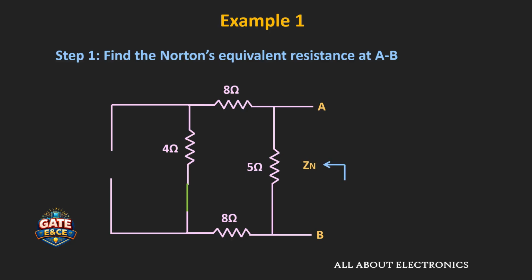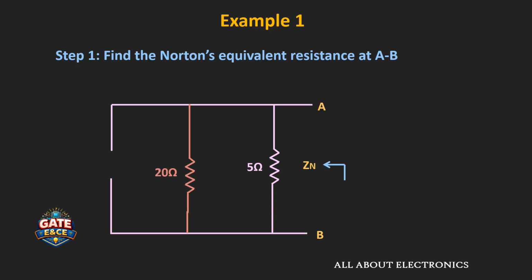So now if you see over here, these three resistors are connected in series. That means their equivalent resistance Rs will be equal to 4 ohm plus 8 ohm plus 8 ohm. That is equal to 20 ohm. And that 20 ohm is once again connected in parallel with the 5 ohm resistor.